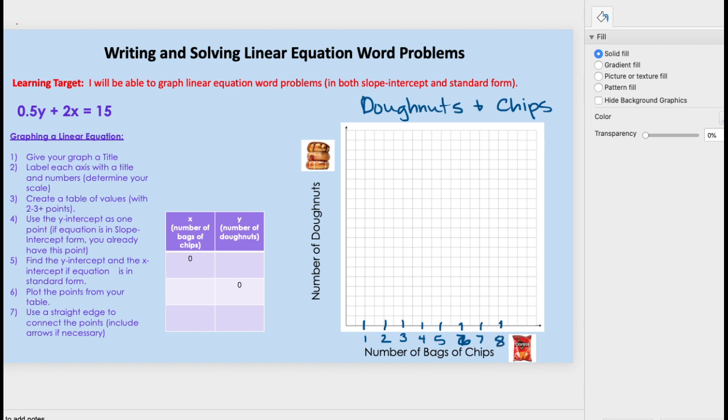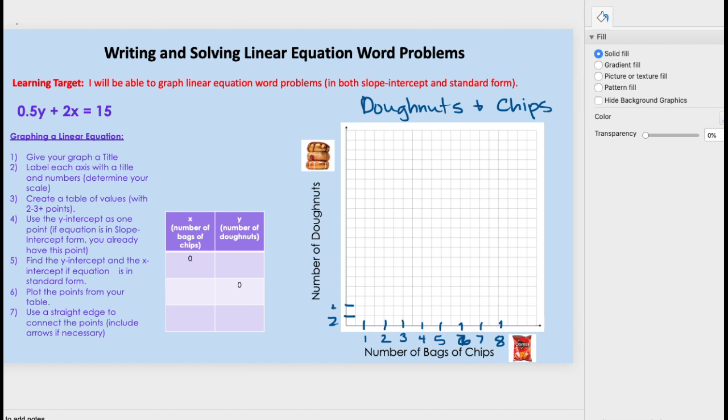Now I have to figure out how many donuts I can buy. Donuts are very cheap. They're only 50 cents. So that makes me think I'm going to be able to buy a lot more donuts, so I need to fit a lot more numbers on my y-axis. So I'm thinking what I need to do is go by twos. Every mark is actually going to represent 2 donuts.